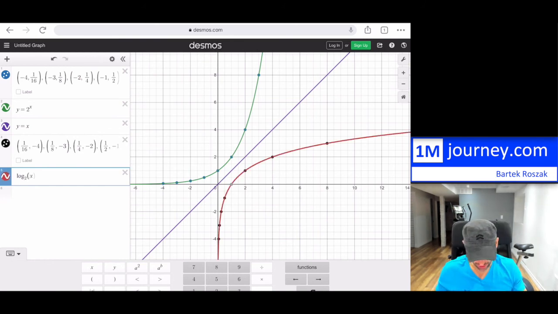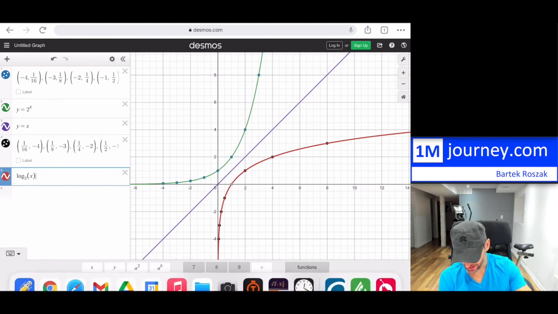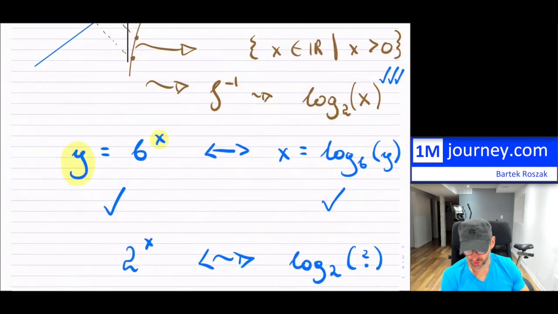And if I plot this, notice it goes through my points. So whatever the base would have been, you always have to put that base within your log. That is actually the inverse. That's what logs do. So log is the inverse. It finds your exponent for the exponential functions, which is a pretty neat thing to be able to have.